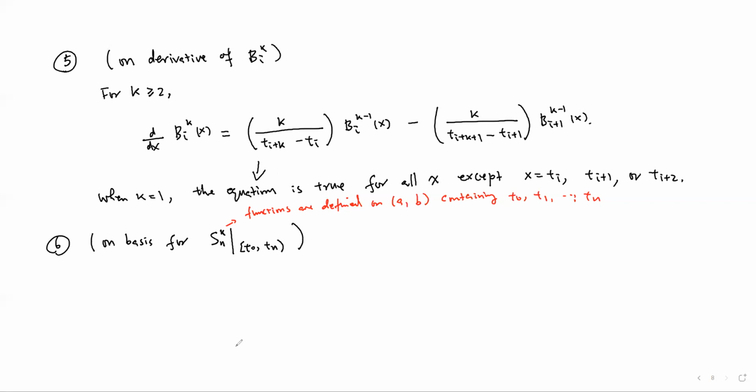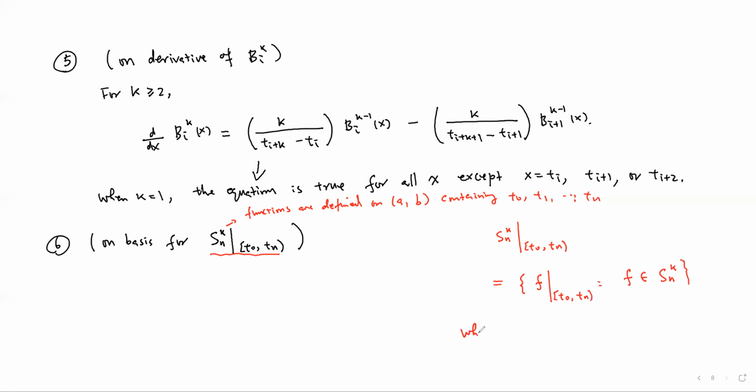Let me further explain what this notation means. It means S_{n,k} restricted to the domain [t_0, t_n]. S_{n,k} is a set, and this is also a set: the set of f restricted to [t_0, t_n], where f is a function from S_{n,k}. The domain was from a to b, and now I restrict the domain to [t_0, t_n].